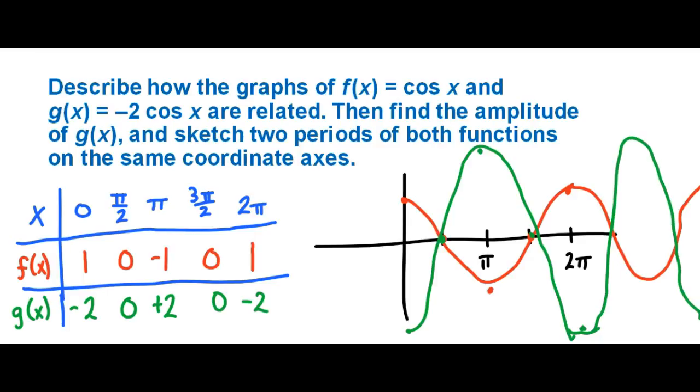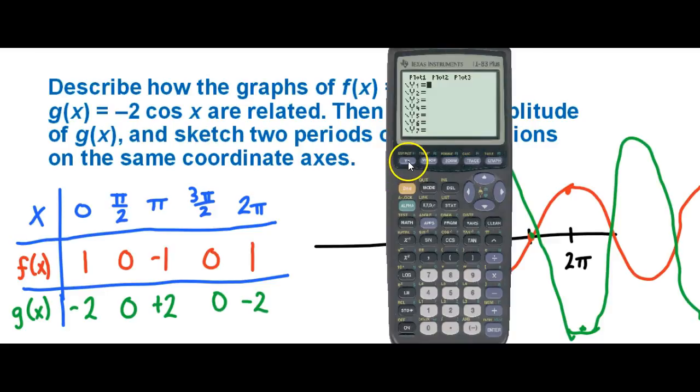If you want a more accurate picture, we can take a look at the calculator. Let's graph cosine of x and -2 cosine of x. We'll go zoom fit.